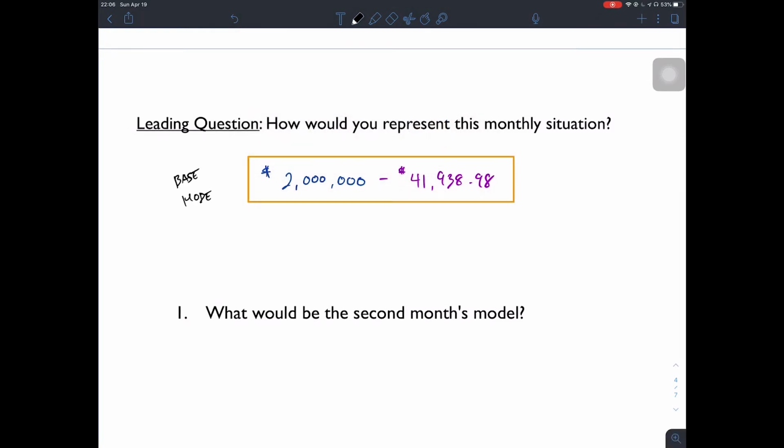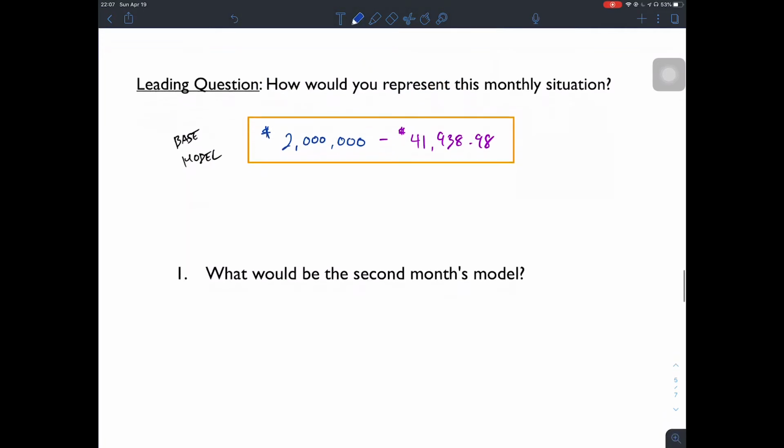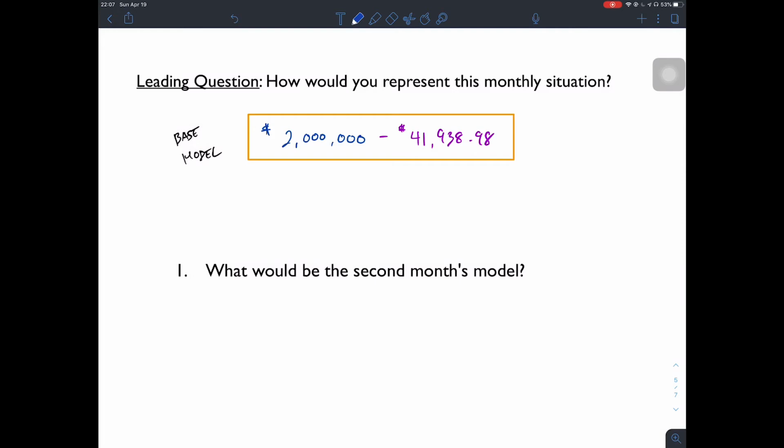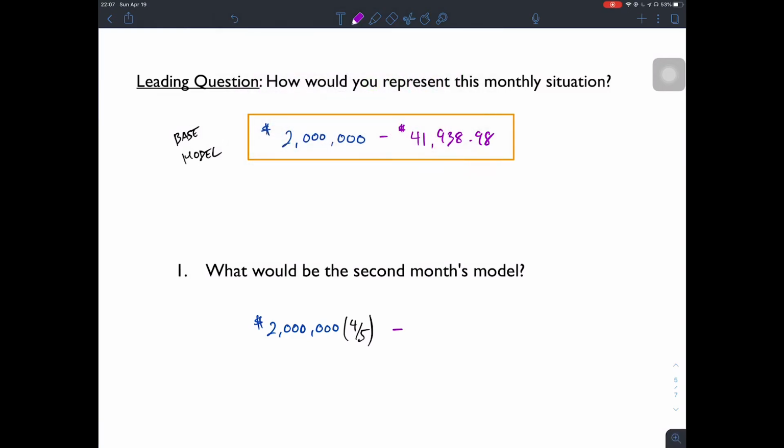As for the follow-up question, it's asking what would the second month's model be? Keep in mind that our income is reduced every month subsequently. Our last value was 2 million, and as mentioned before, an easier way, instead of taking off 1/5 or subtracting off 1/5, is to simply multiply by 4/5, its complement, while maintaining the lease, because it is a recurring payment as opposed to a one-time payment.